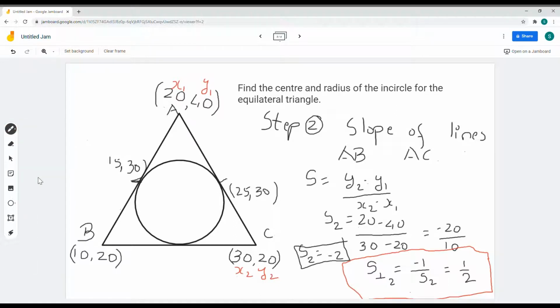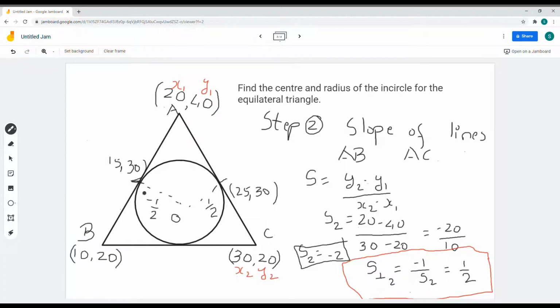Okay, let me first approximately put a center. Let's say for example, a line passing to the center in both these cases, and let's say the point is O. So this line had a slope of -1/2, and this line has a slope of +1/2.